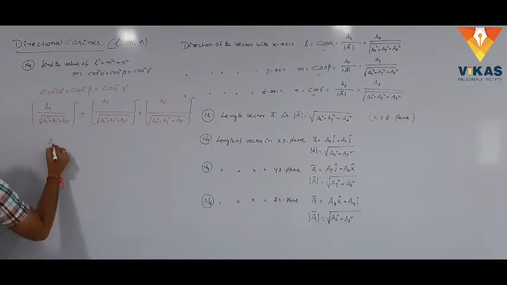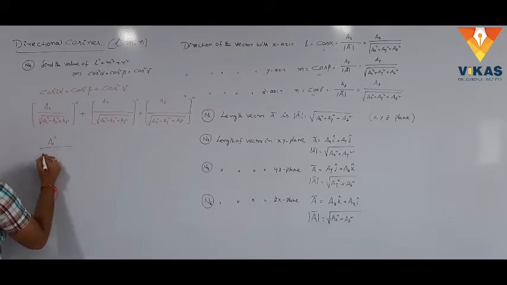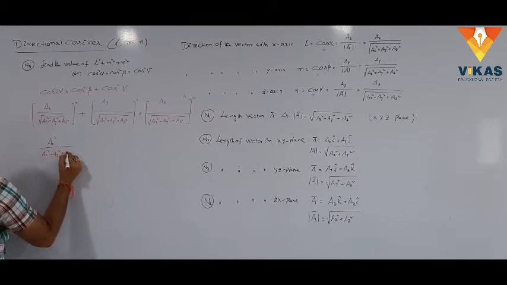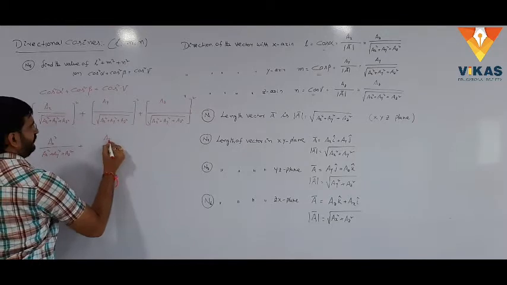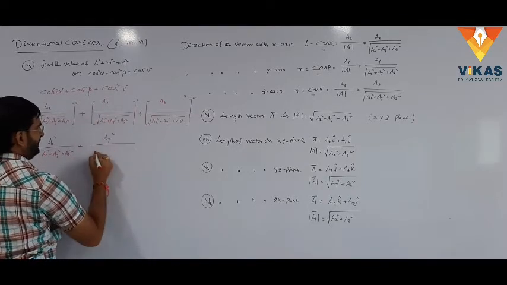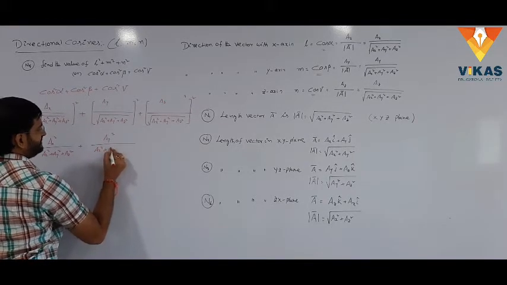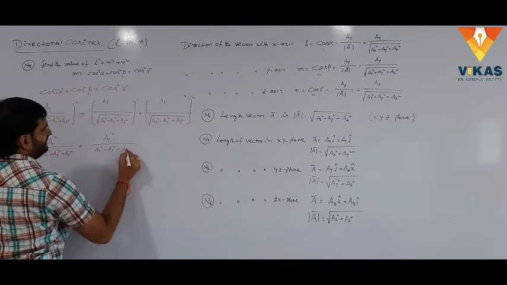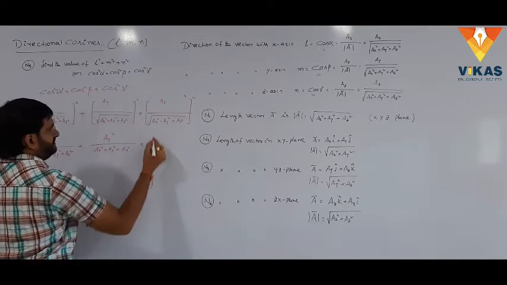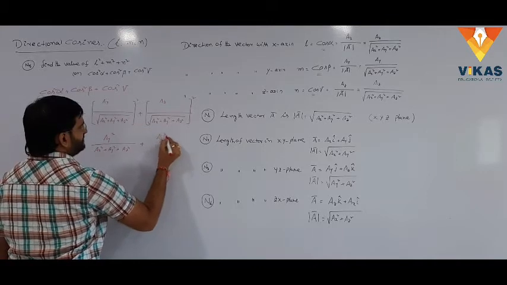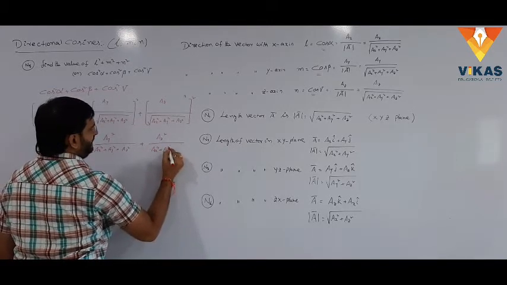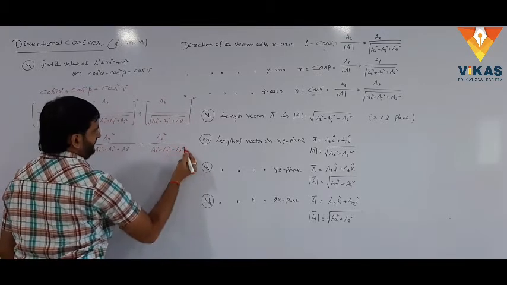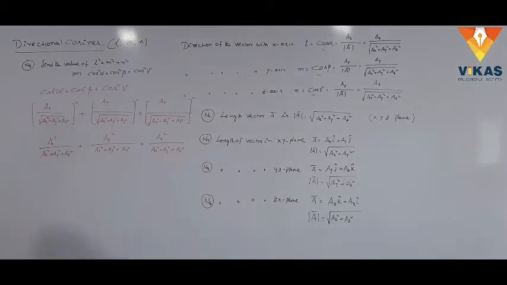Finally, after squaring, we get ax square by ax square plus ay square plus az square, ay square by ax square plus ay square plus az square, and az square by ax square plus ay square plus az square, because the root goes away. Dear students, understood?